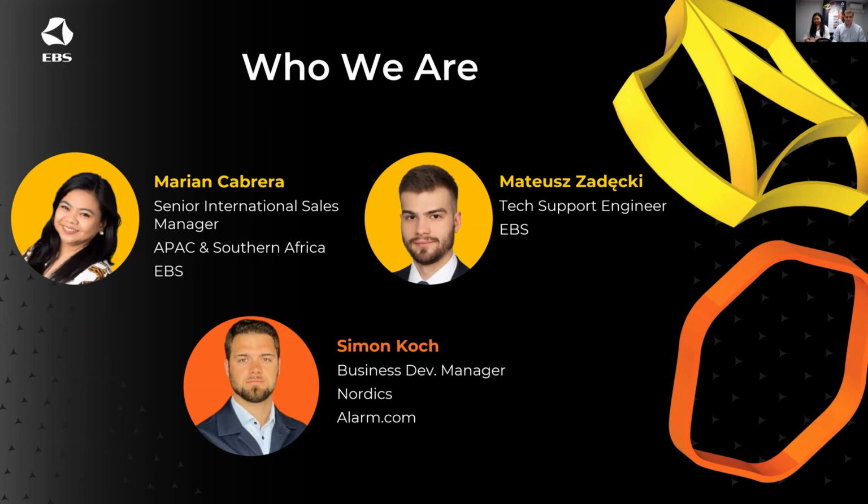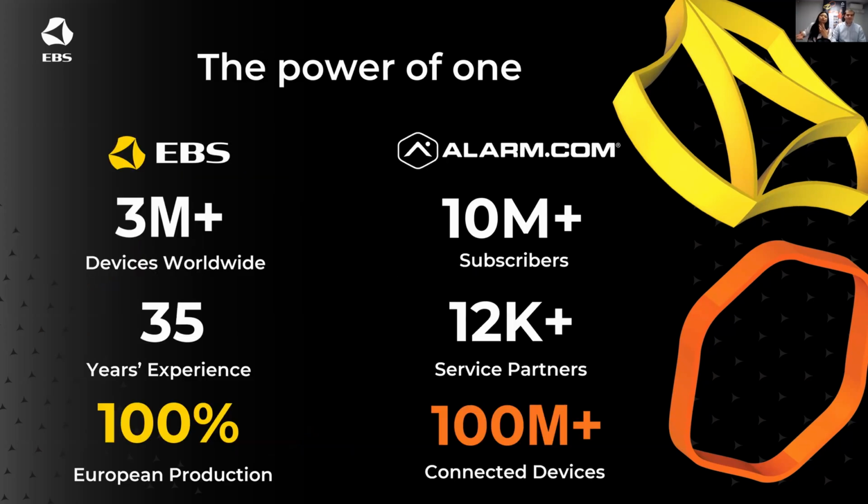But the question remains, right? We have here a combination of solutions from EBS and solutions from alarm.com. Most of you are already EBS partners, so I'll give a rundown of who we are as a company if there are new people here.